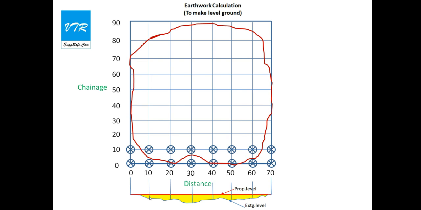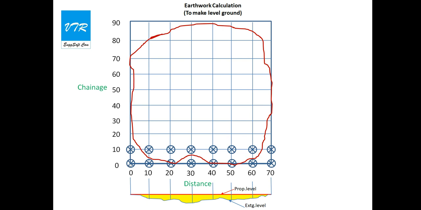So at each and every section, this will be the difference in height. Then this yellow is the total area that is to be filled up. Like that, at each section, this will be the area.